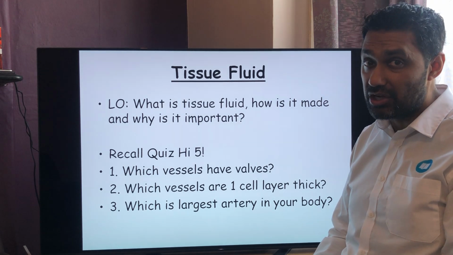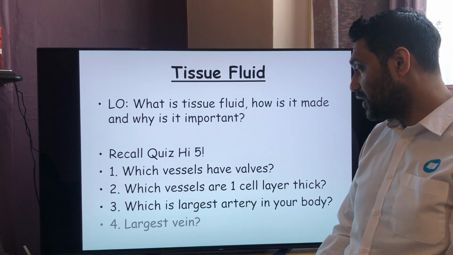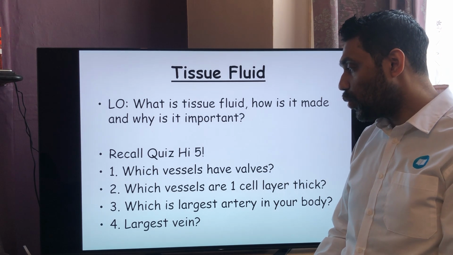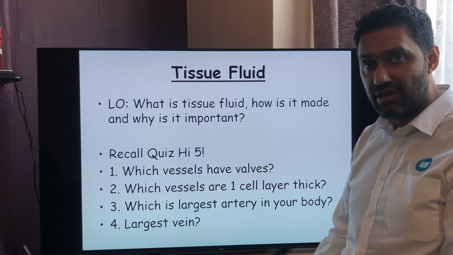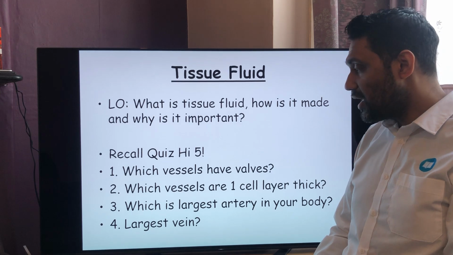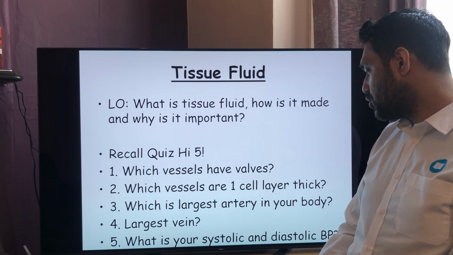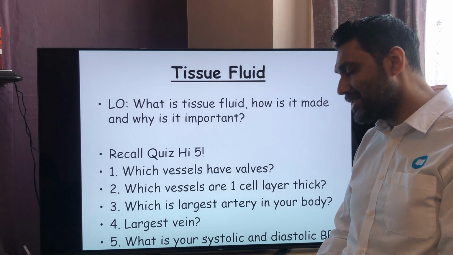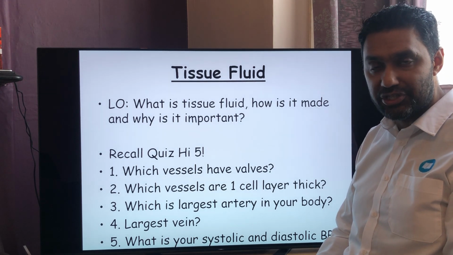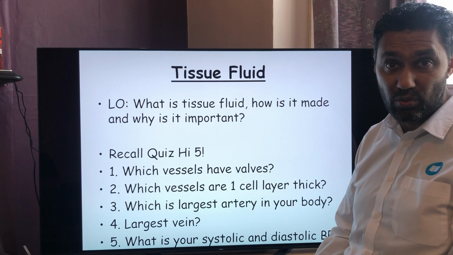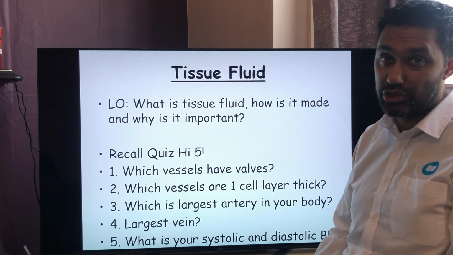What's the name of the largest artery in your body? Number four, which is the largest vein in your body? And number five, what is your systolic and your diastolic blood pressure? On an average healthy adult, do you know what those two numbers should be?